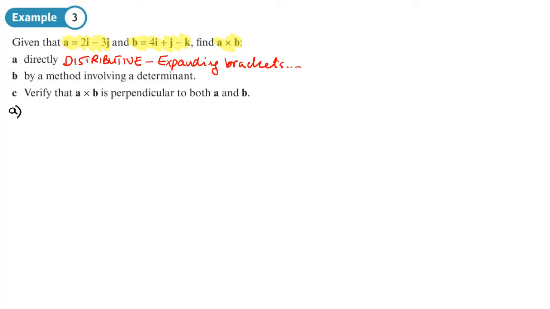So what will that give us? So we've got 2i minus 3j cross 4i plus j minus k.